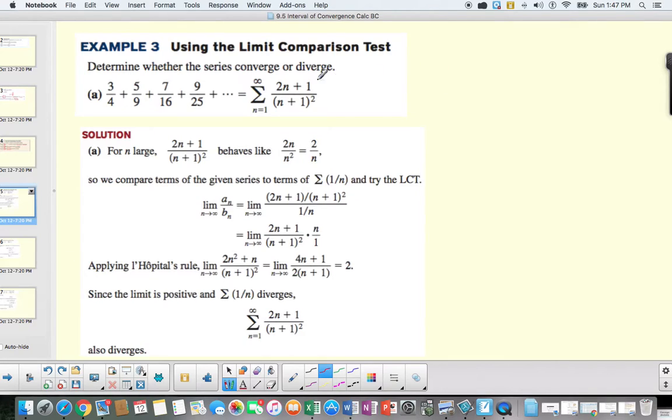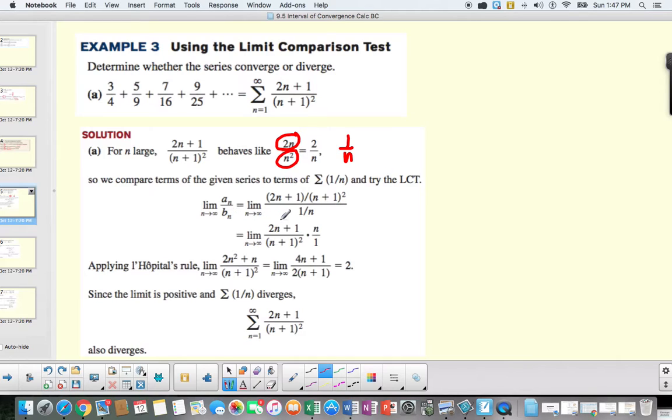So we're looking at a summation of constants here. And again, the hardest part is to figure out what to compare it to. And usually the highest power in the numerator and the highest power in the denominator are what's used. And that's what's happening here and here. Now, in the end, you can really compare it to 1 over n, because the 2, as n goes to infinity, is not going to have much effect.